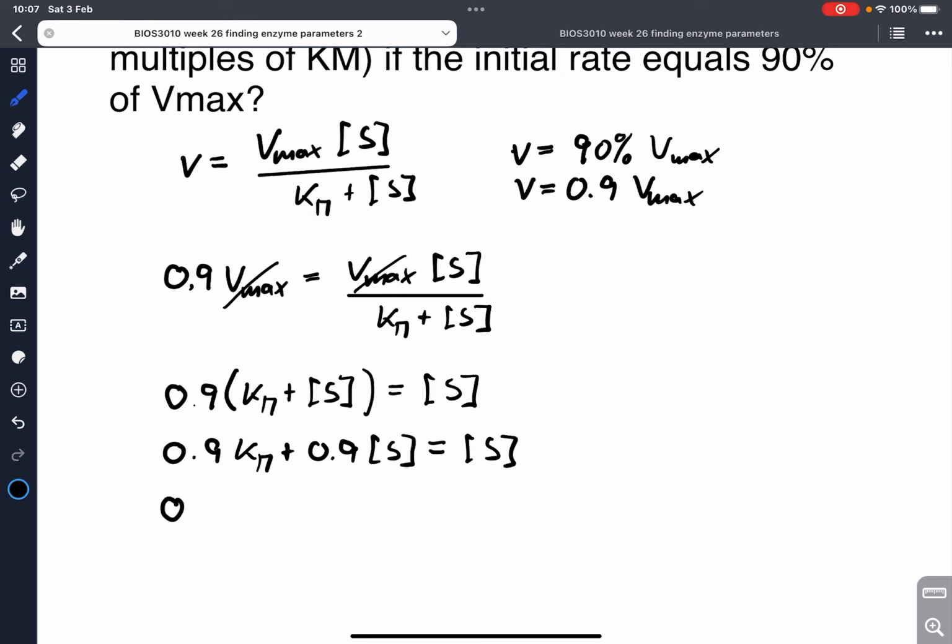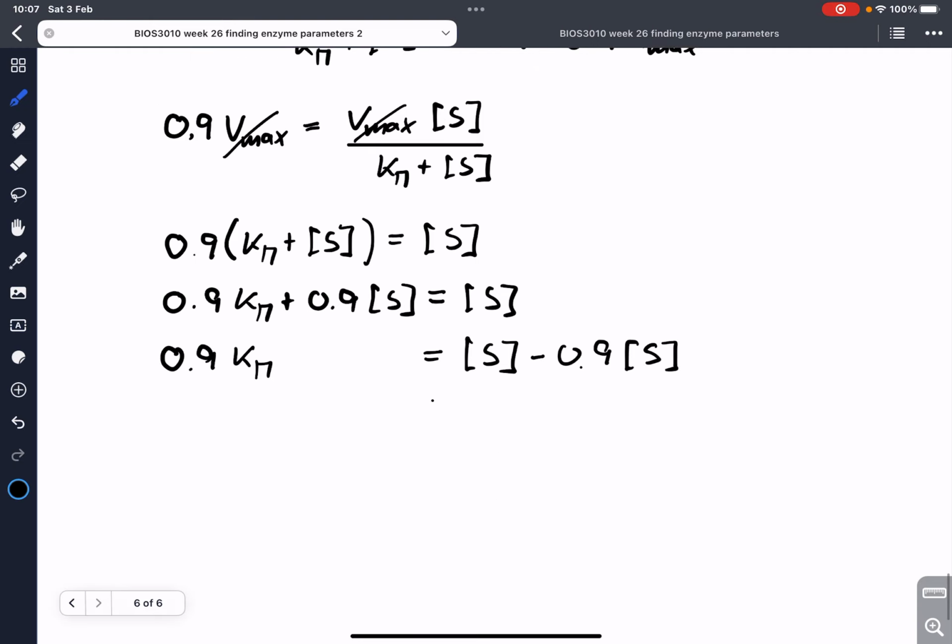So we've got 0.9 times Km equals S minus 0.9 times S. So we can factor S out here. S is the same as 1 times S minus 0.9 times S. So that simplifies, and that still gives us our 0.9 Km.